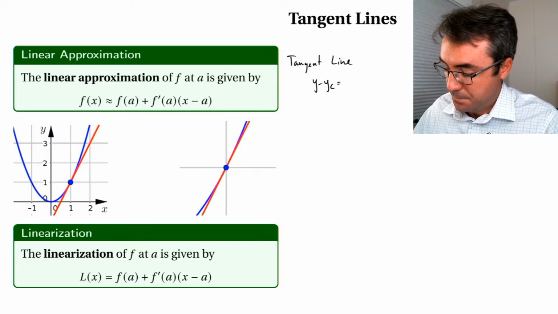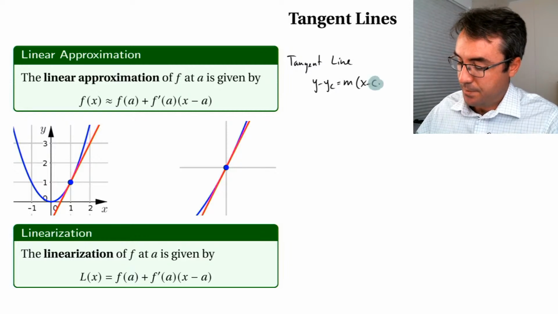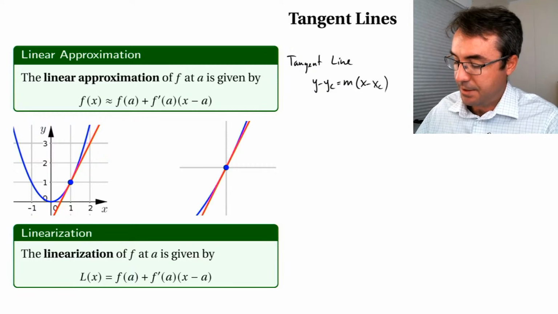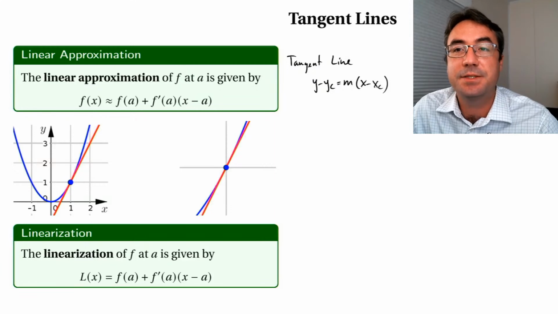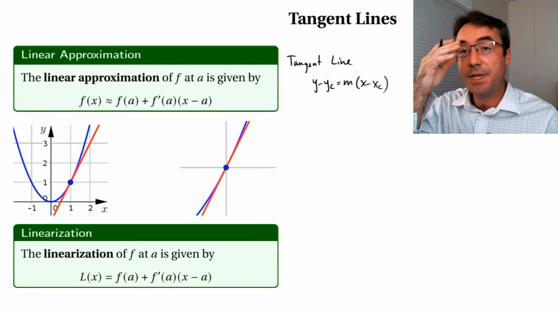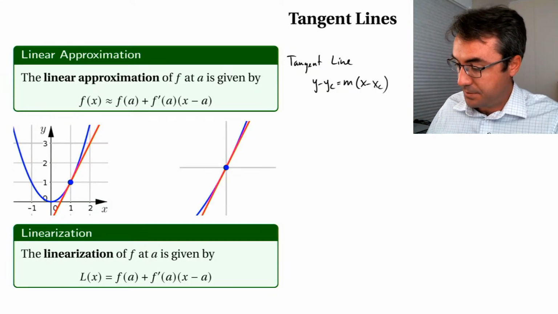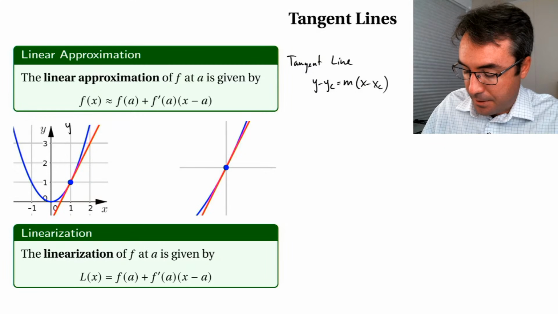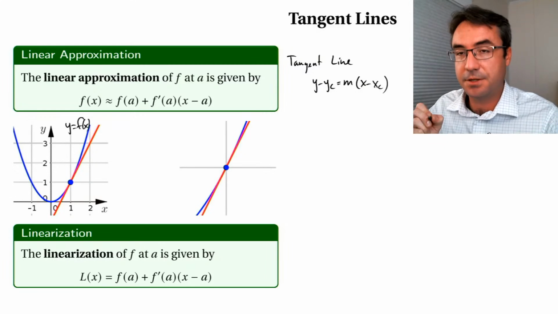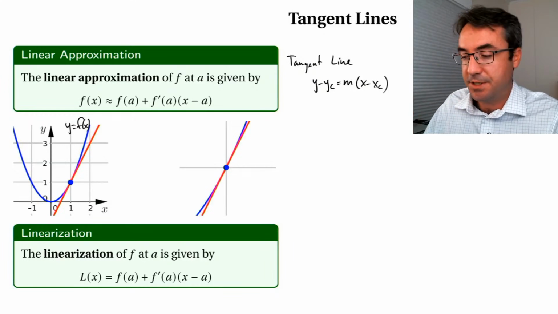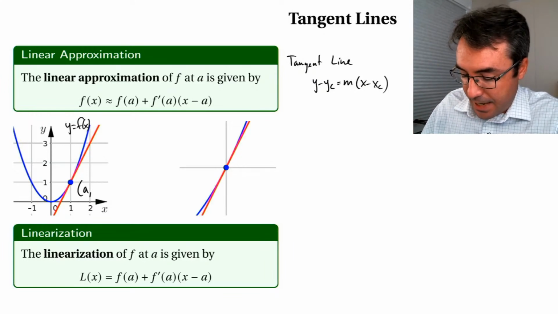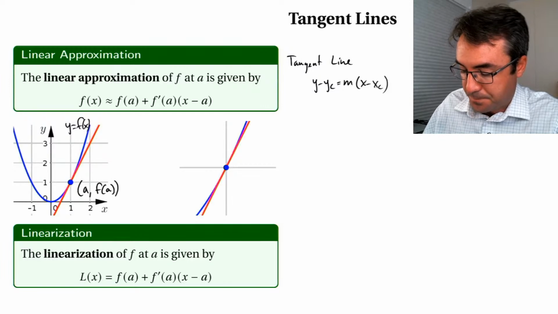So let's just remember the equation of a line is y minus our y coordinate is equal to m times x minus our x coordinate. And for the tangent line at a point, so let's say we have our function y equals f of x in this little example here. And then we have our point that we're interested in, our point of tangency, a comma f of a.